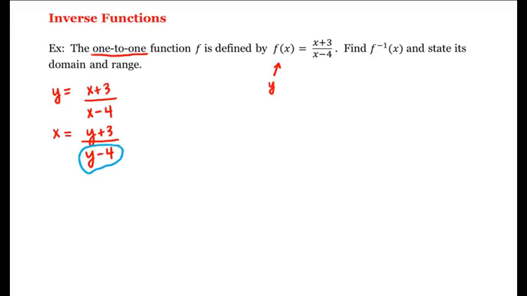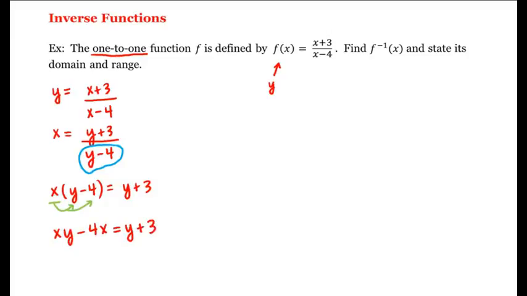which gives us x times (y - 4) is equal to y + 3. And now let's distribute this x to both of these two terms, which gives us xy - 4x is equal to y + 3.